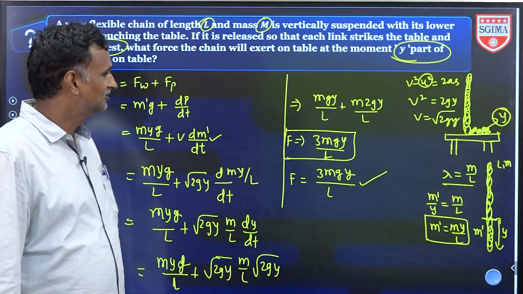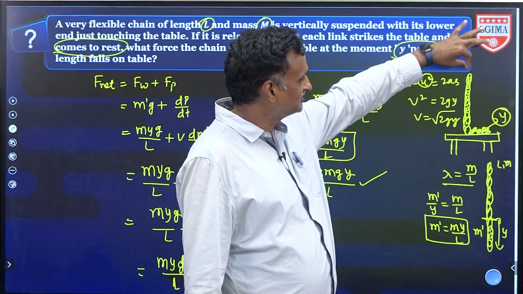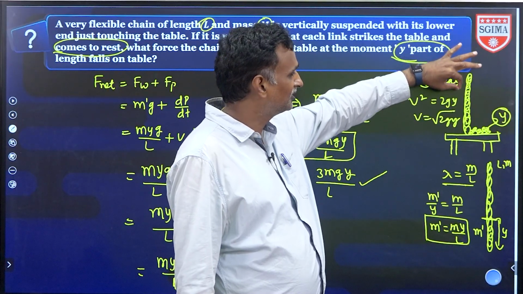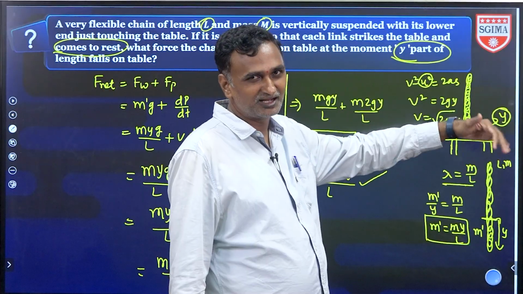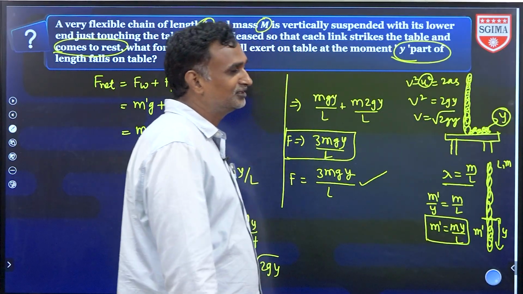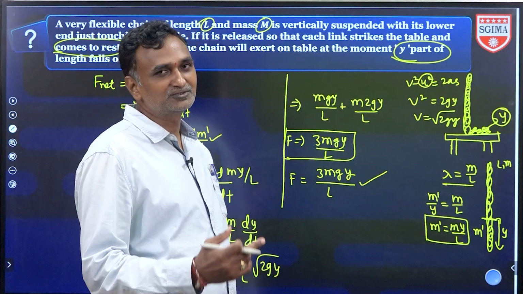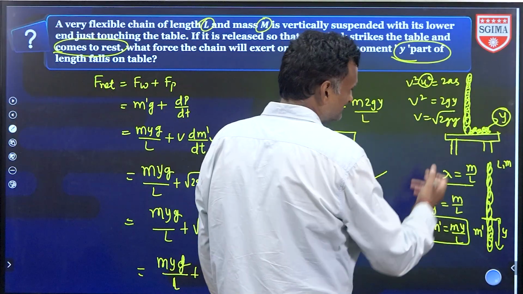So once again, when a chain of certain length just touches the table, then on dropping it, some part is going to fall on the table and collect on the table. The y part of the length falls on the table. What force will be felt by the table, or what force does it exert on the table?